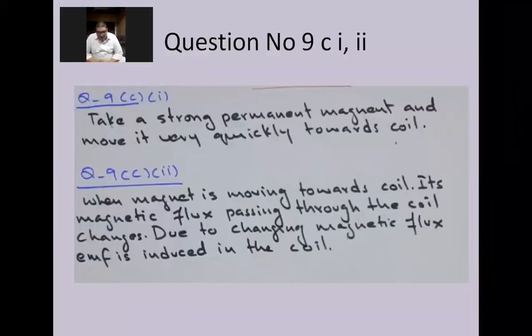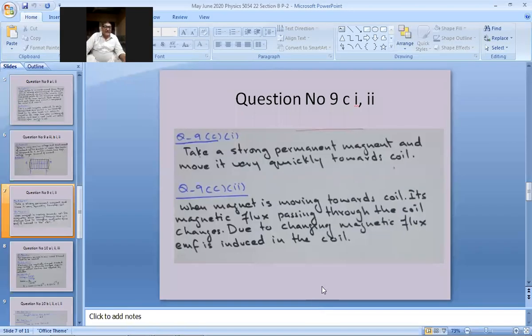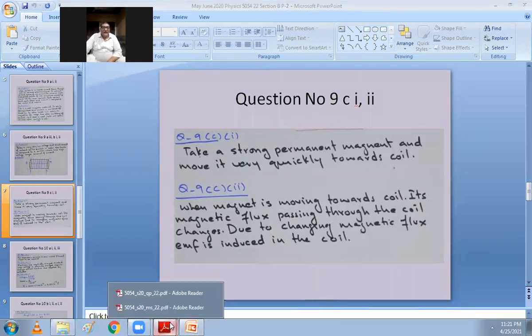When the magnet is moving towards the coil, its magnetic flux passing through the coil changes. Due to changing magnetic flux, EMF is induced in the coil. This is called electromagnetic induction, Faraday's law. So EMF will be induced, and there will be a large deflection on the ammeter.